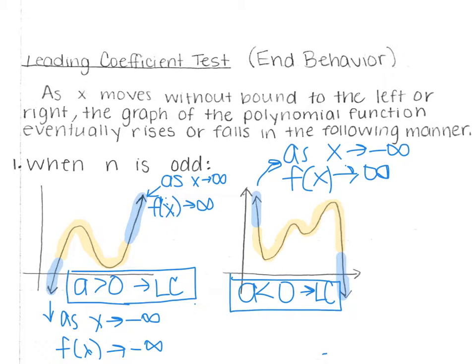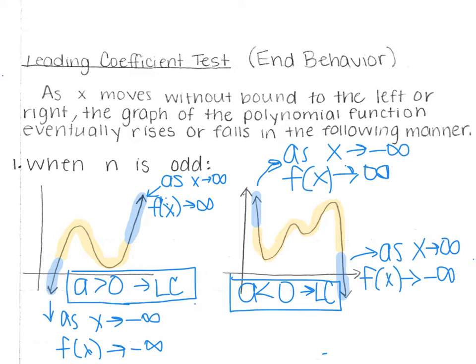So as x approaches negative infinity, f of x is actually going to approach positive infinity. And it's going to have the same effect as x approaches positive infinity. So as x approaches positive infinity, f of x is actually going to get significantly smaller here. So this is the end behavior. We're just talking about how the graph goes off at infinity.